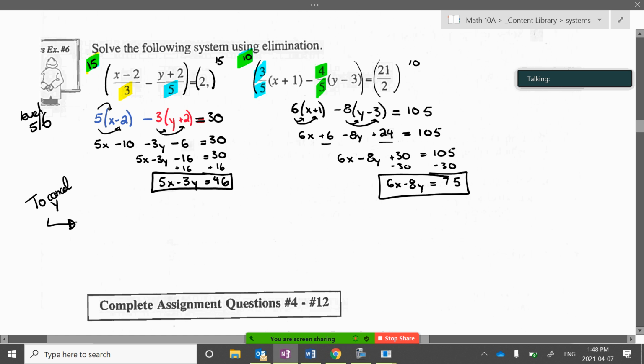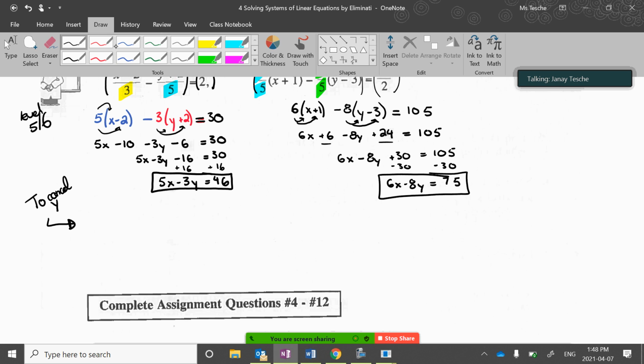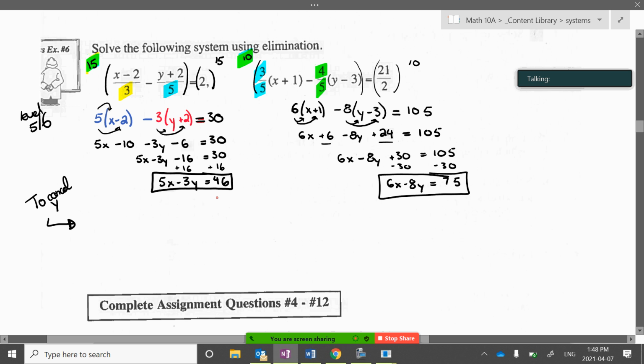I'm going to multiply my first one by what? 8. Good, because I want 24 y's. My second one, I'm going to multiply by 3. Let's just do this step, and then I won't go through the elimination part.